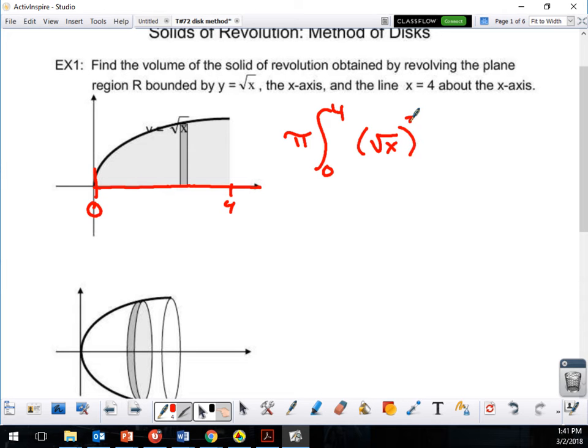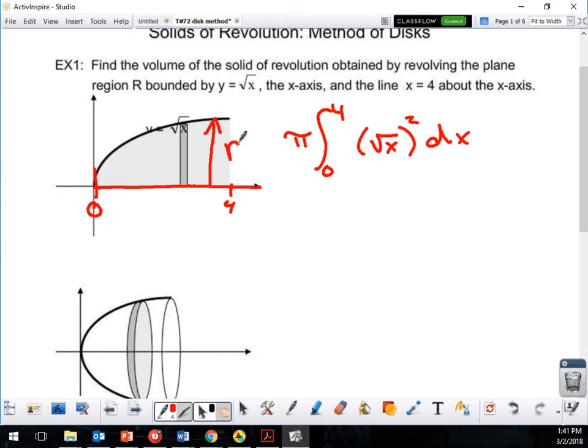Very good. dx. Order of operations, what am I going to do first? Square. I have to square that first. Wait, why are we squaring it again? Okay, now in the cylinder, isn't it pi r squared h? R is this function from here to here.